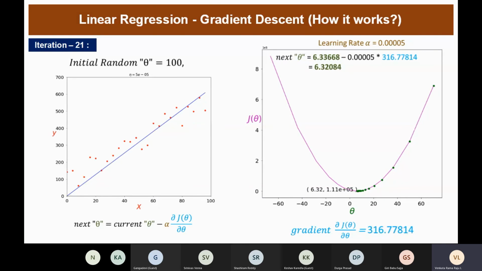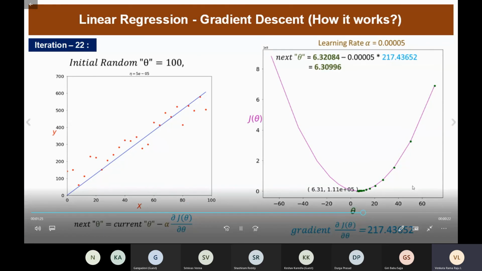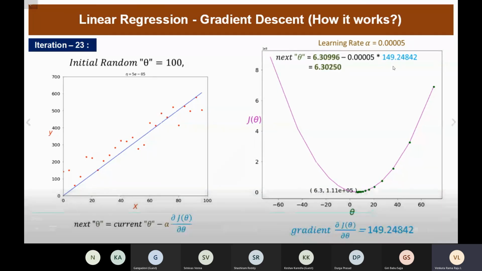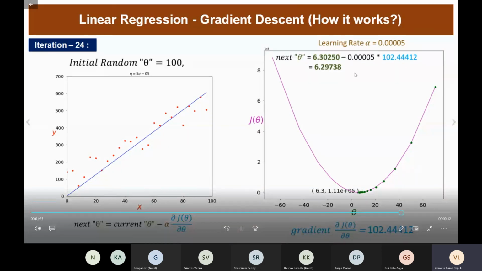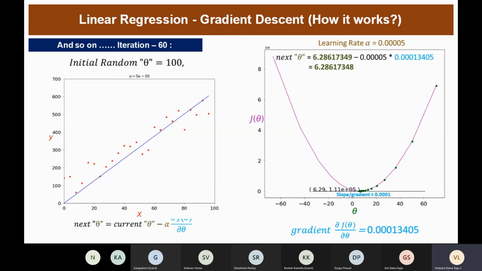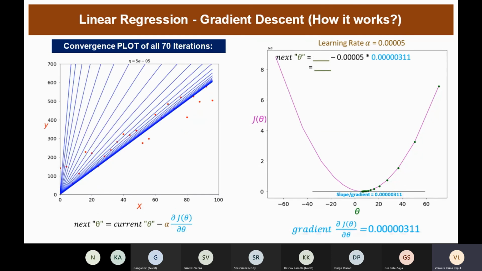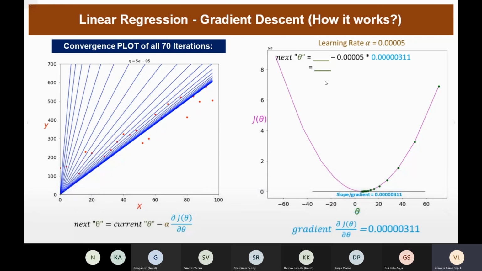Look at the gradient: the slope is reducing, and it will reduce even more. This formula gives us the capability to move towards the global minima systematically. If you don't have this formula, you may draw 1 million lines like these, but still not know whether you are at the best fit line or not.